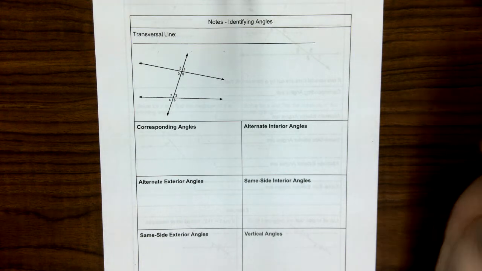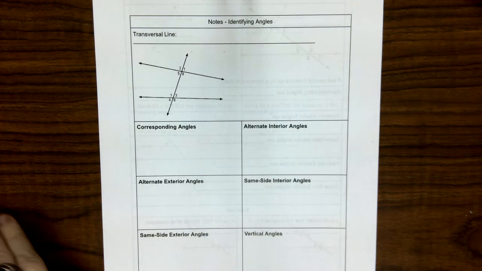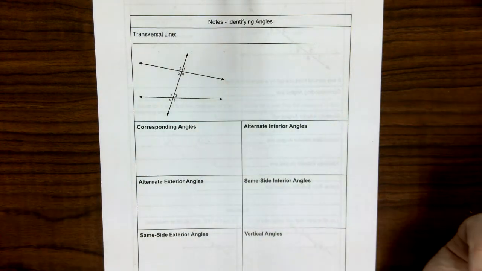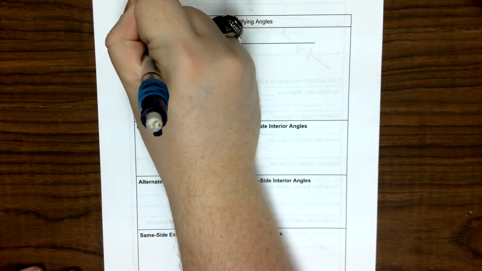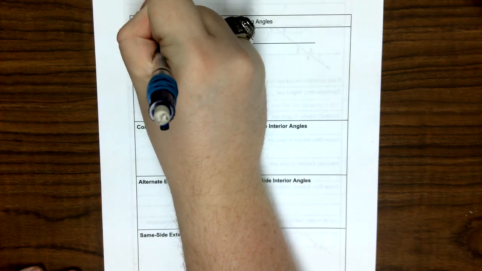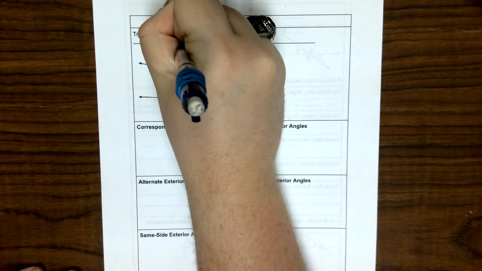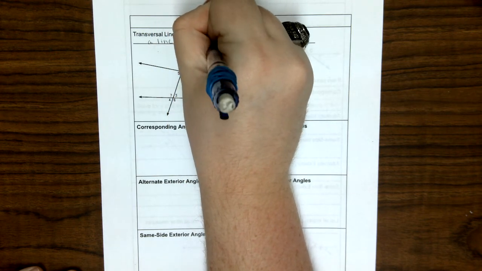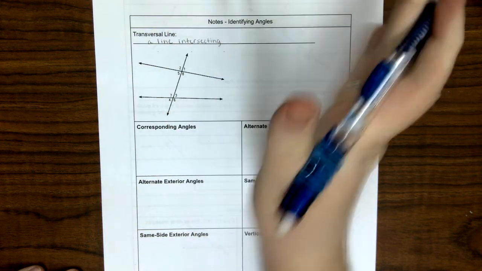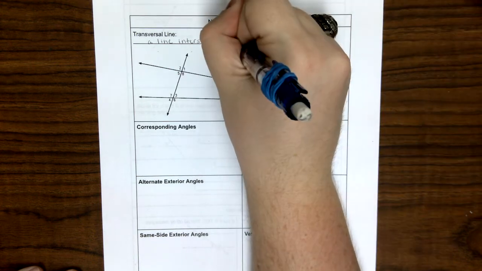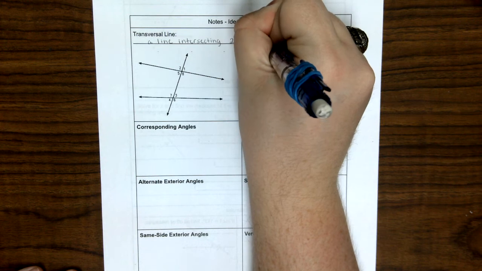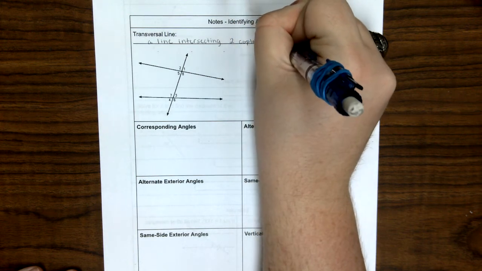But first, we need to talk about a transversal line, what it is. So we define that to be a line intersecting two coplanar lines.